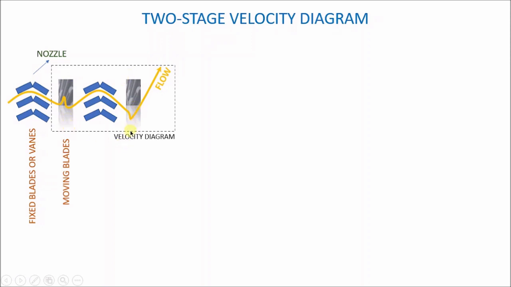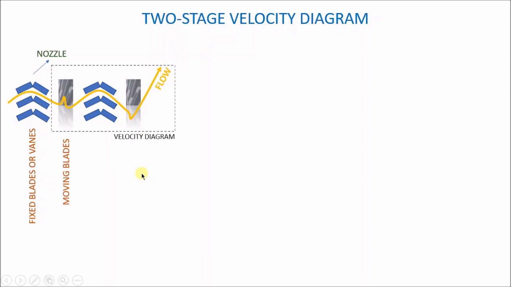The second row of moving blades, that is where we draw our second stage. But in between them, there is a row of fixed blades. And this row of fixed blades may affect the conditions of the flow in such a way that it will also be indicative of the situation of the flow when we are getting into the second stage. But as we begin to do examples, that will be very clear.